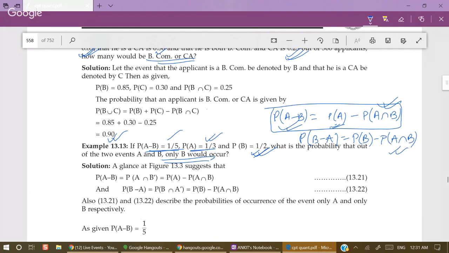So first we have to find out this one, and then we have to put that here. So P(A minus B) is equal to this. Yes, you can see they have used this formula.